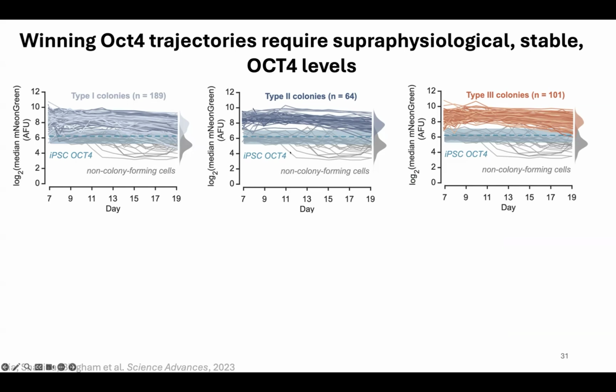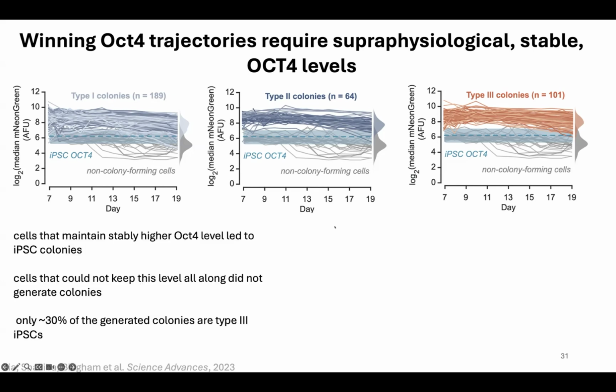Any cell that goes below is not going to form any colonies. So cells that maintain stably higher OCT4 levels led to iPSC colonies. Cells that could not keep this level all along did not generate colonies.